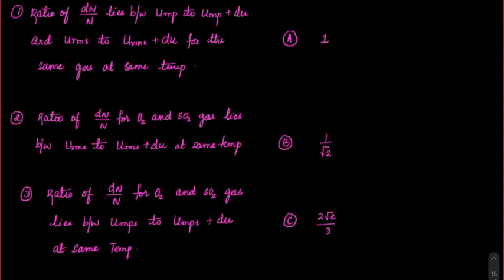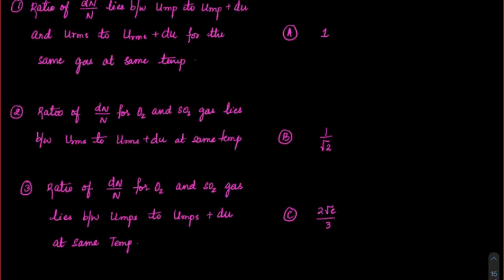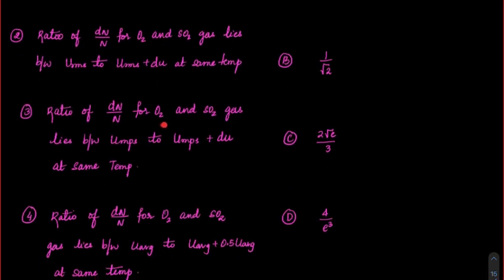This is one option. And second, I have to do it for u_RMS to u_RMS plus du, this time for oxygen and sulfur dioxide. Third, fraction of particles for O2 and SO2 lying between most probable. Here it was RMS, here it was most probable speed, again at the same temperature.